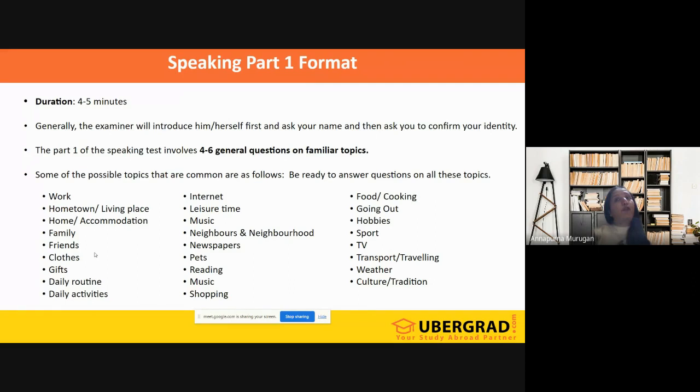As I said, we can get anything and everything. It could be on work, or introduce yourself, describe a person you like the most, describe a person whom you don't like, or describe a family member whom you admire and why.